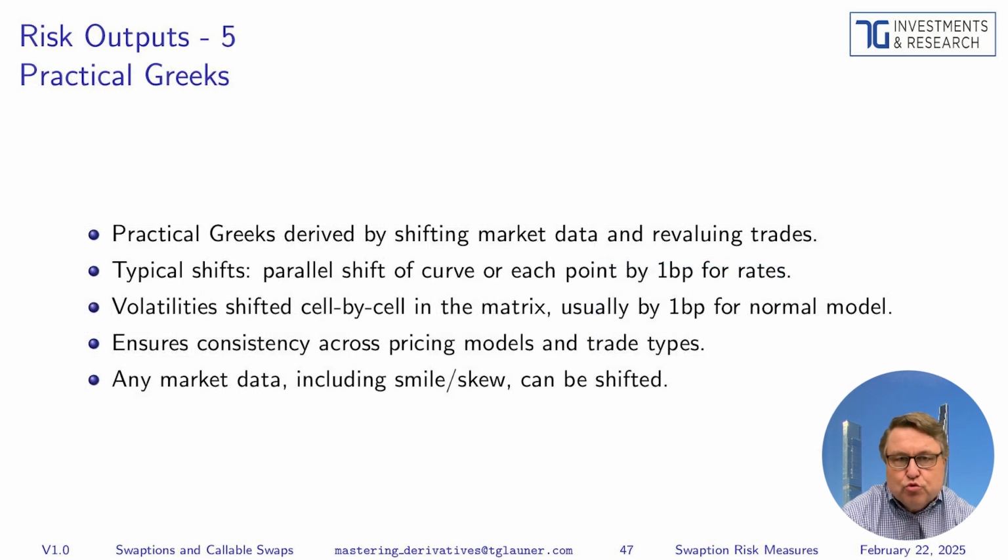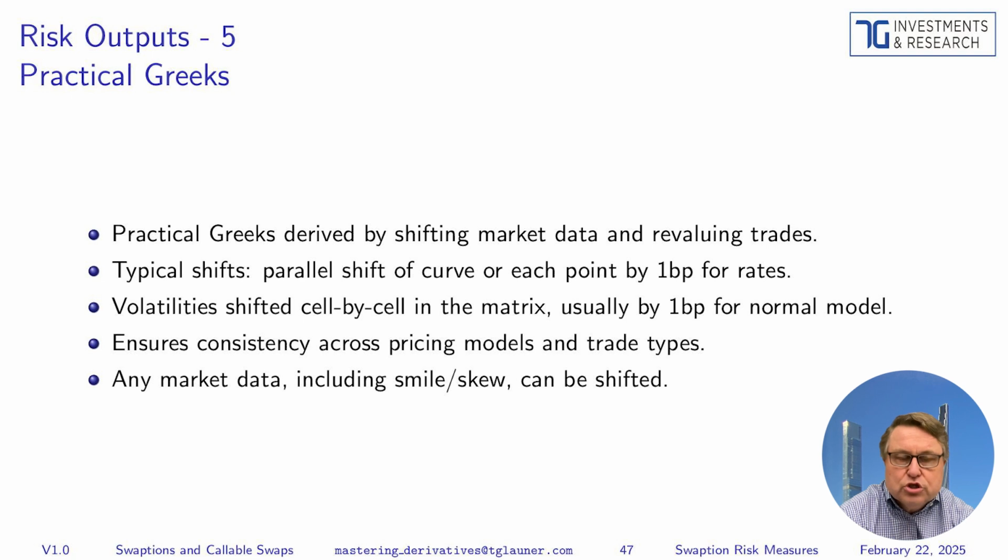Practical Greeks are derived by systematically shifting market data points, such as interest rates or volatilities, and recalculating trade values to measure the impact of those changes. Typical shifts involve adjusting parallel curves or individual points by small increments, such as 1 basis point for rates or normal volatilities.